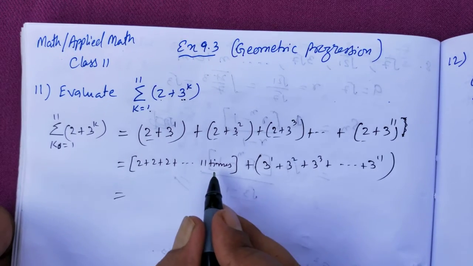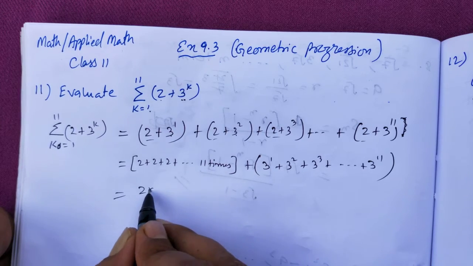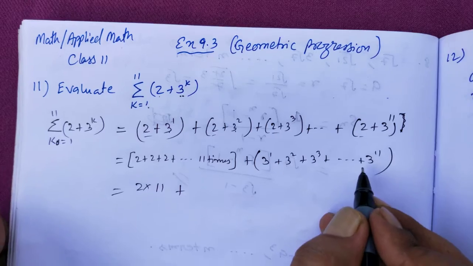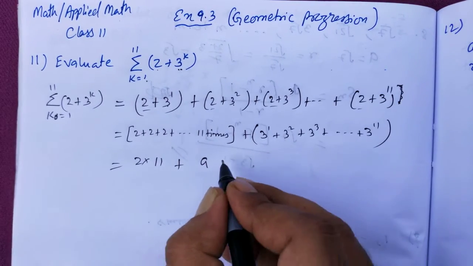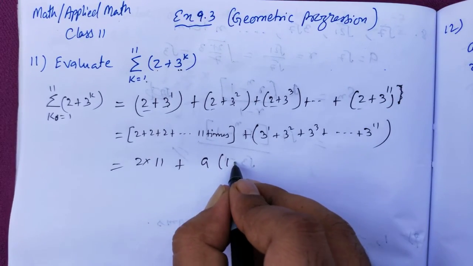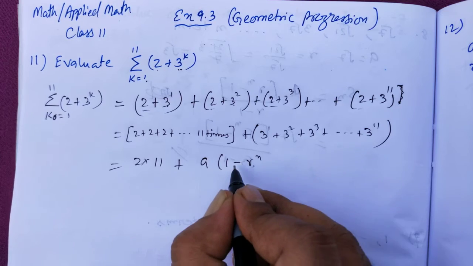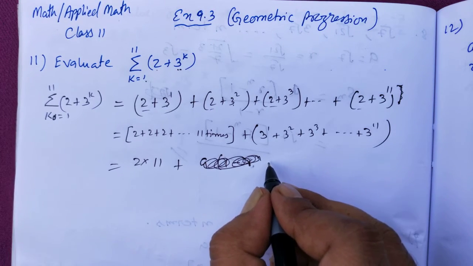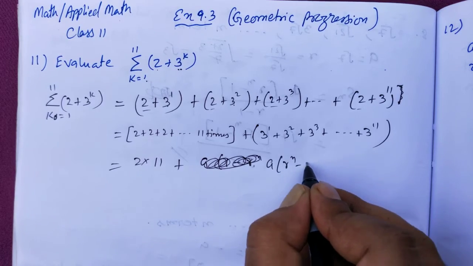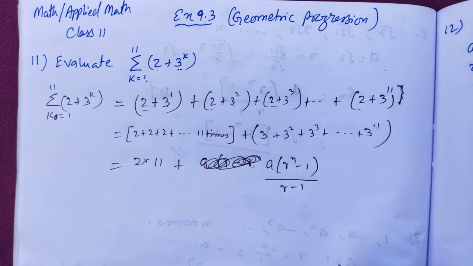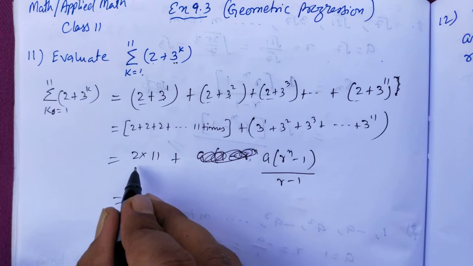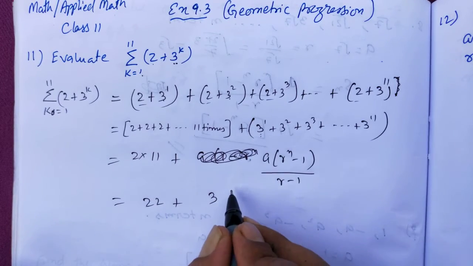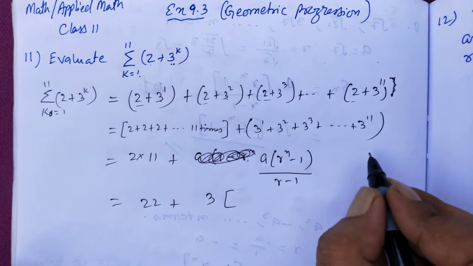Now 2 plus 2 plus 11 times is 2 into 11, and here we have to use the formula of sum of the GP.